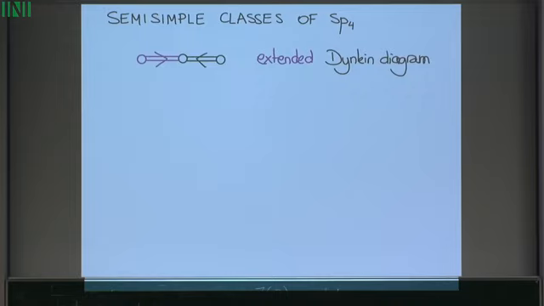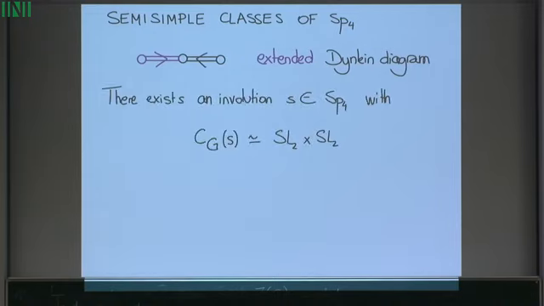So I have now three simple roots, constructed by adding a node which corresponds to the opposite of the highest root in the root system. If I remove the middle node, I get a disconnected Dynkin diagram of type A_1 × A_1. That tells me that there exists an involution whose centralizer would be SL_2 × SL_2. And this is, in that case, not a Levi subgroup of Sp_4.